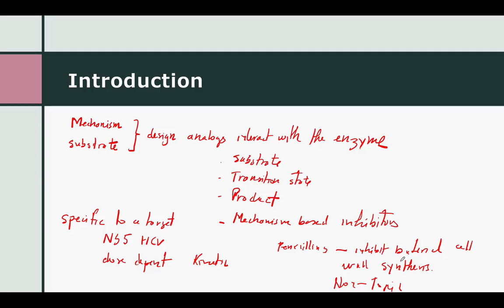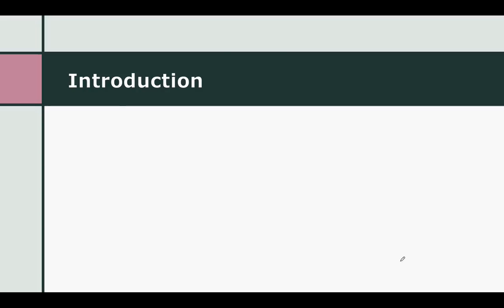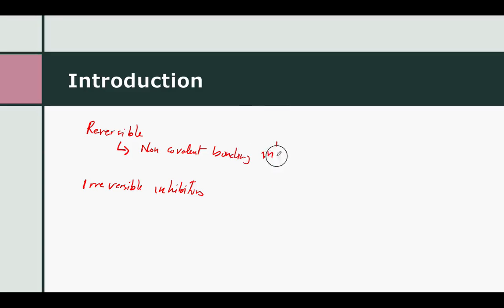I think the last thing I want to mention as far as enzymes is that we can group inhibitors in two big groups: reversible inhibitors and irreversible inhibitors. Most of the enzyme inhibitors that we have on the market will be reversible, and these usually have non-covalent bonding interactions.